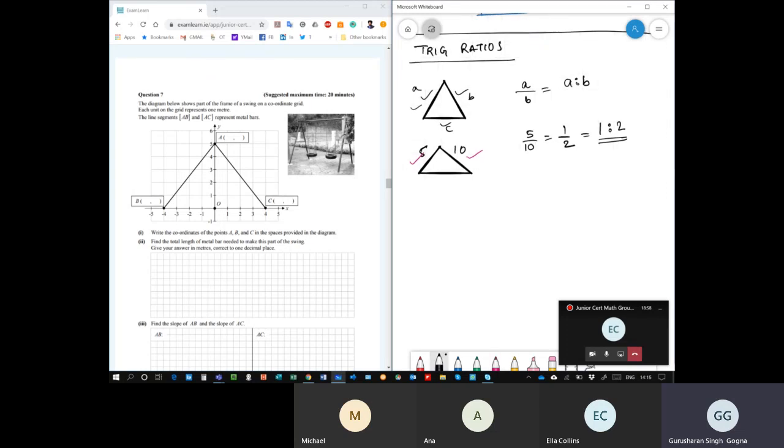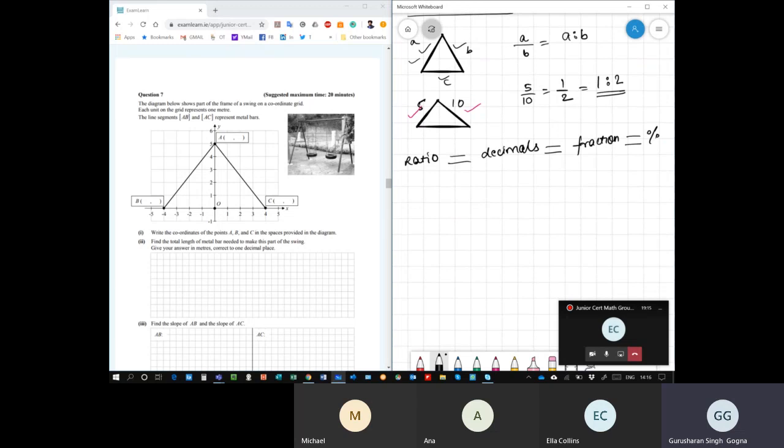So in mathematics, we use ratio, we use decimals, we use fractions, and we use percentage. They're all the same thing. Only we use one of them in different contexts. Okay.